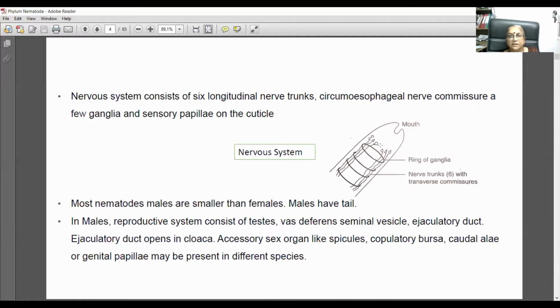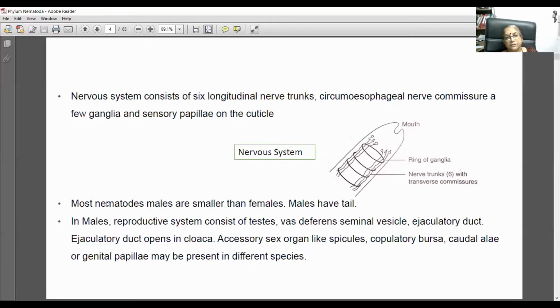These are the 6 longitudinal nerve trunks and circumesophageal, that is this round, circumesophageal nerve commissures that are present. Few ganglia and sensory papillae are present on the cuticle, and that's how the nervous system is active in this particular parasite or in these worms.